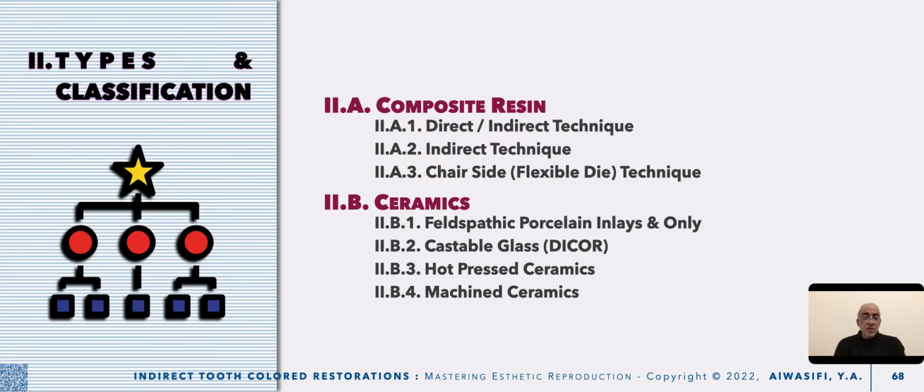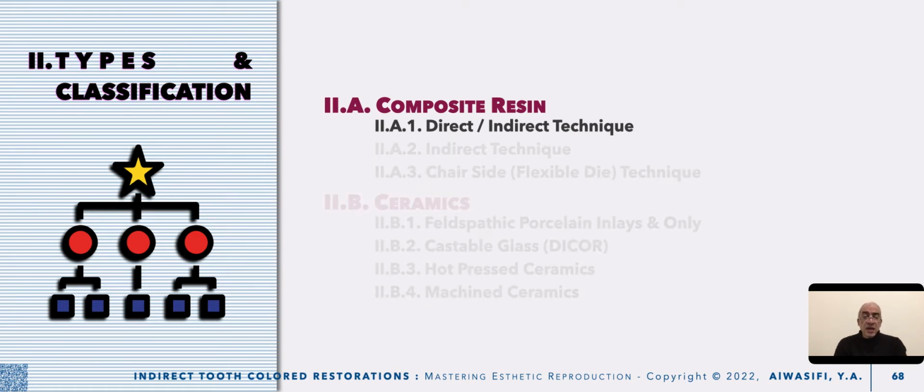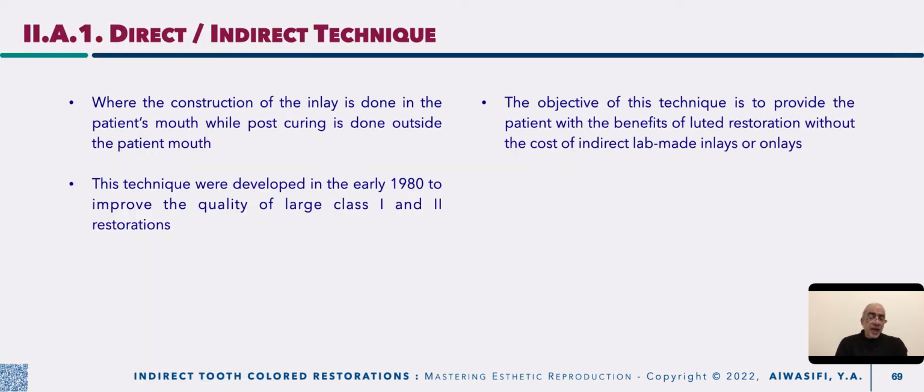Let us start with composite resin material and start with the direct-indirect technique. It is as old as the early 1980s. It is just a construction of an inlay done inside the oral cavity, then going for post curing outside the oral cavity.